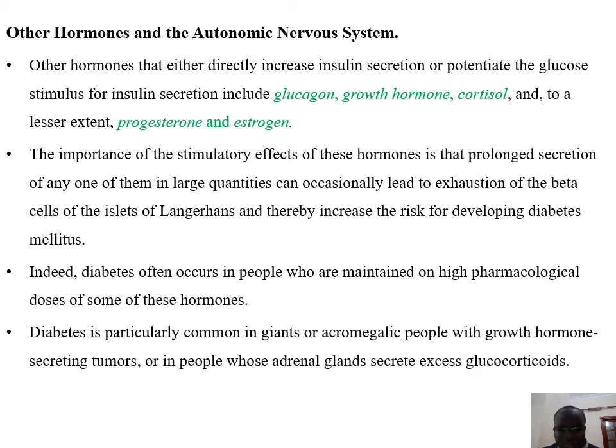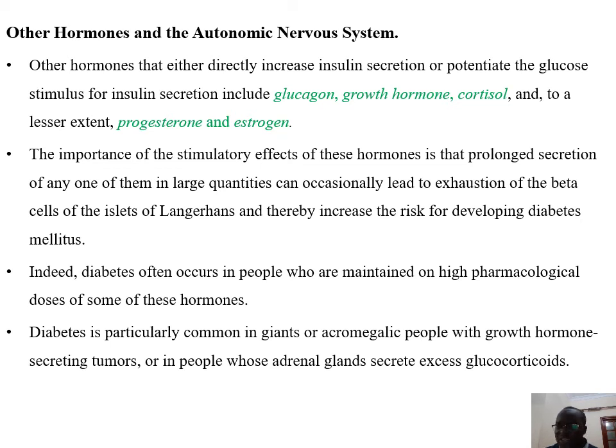Diabetes is particularly common in giants or acromegalic people. We discussed this: giantism is due to the production of growth hormone, and growth hormone has an anti-insulin effect on cells.